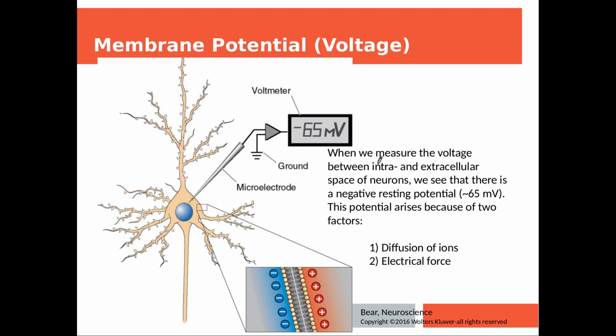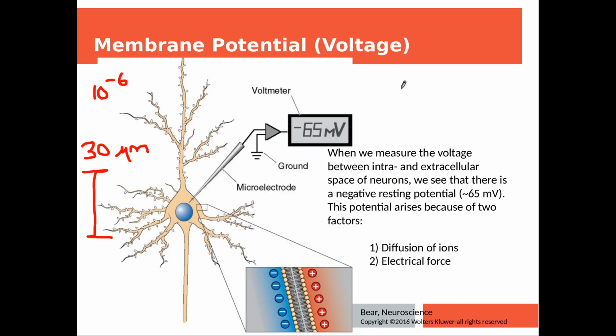If we measure the voltage difference, we stick a wire called a microelectrode. Micro, it's very small, because the cell is maybe 30 micrometers across. Micrometers, 10 to the negative 6 meters, very small.